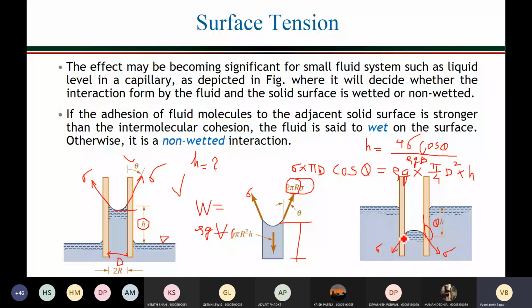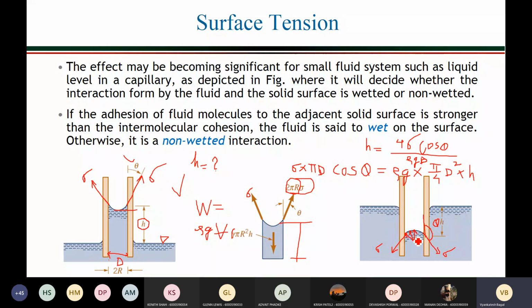Now, in case of capillary fall, how will you write the force balance at this particular point? Again, the vertical component of surface tensile force is balanced by something. There is no height of the liquid column here, no? But what is acting at this point is pressure on this surface.